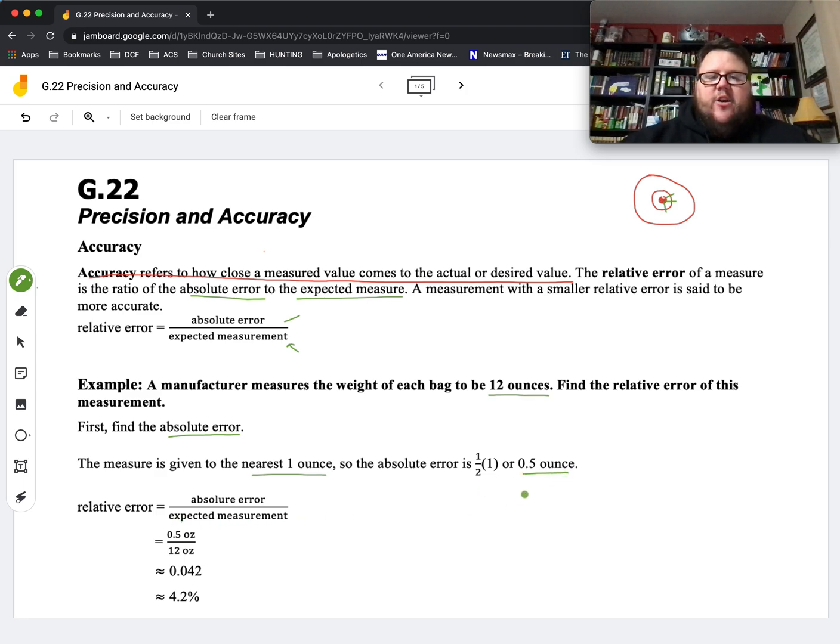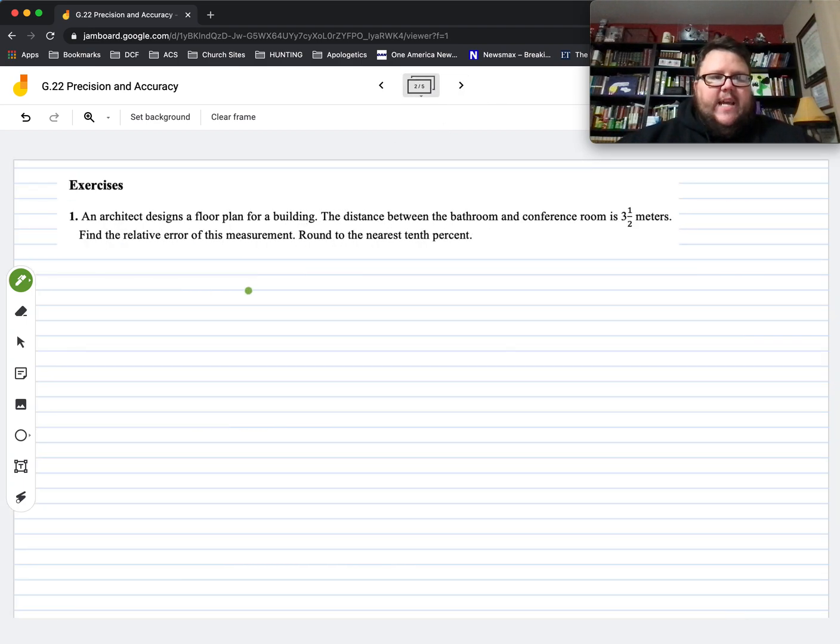So the relative error is 0.5 ounces divided by the expected measurement, which is 12 ounces. So 0.5 divided by 12 gives us 0.042. But we want to put that as a percent. So we move the decimal 2 places to the right and make it a percent. And it becomes 4.2%.